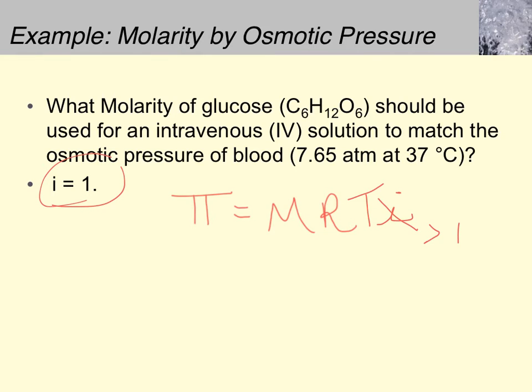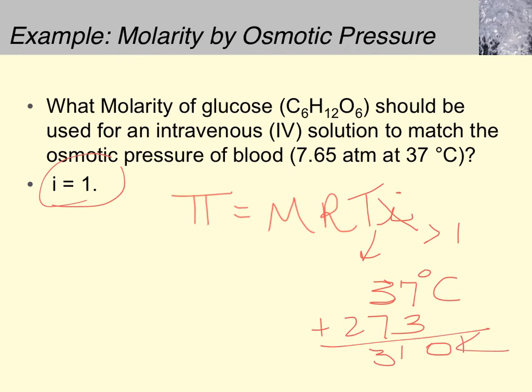That's nice. Temperature in Kelvin, you can get that, right? If you have Celsius, you just add 273 to get Kelvin. So 310 Kelvin is what you need. I gave you the value of universal gas constant, which is 0.0821.